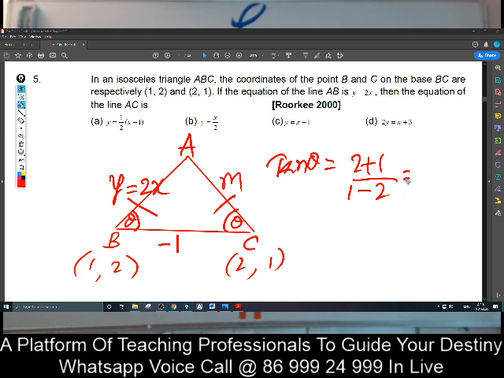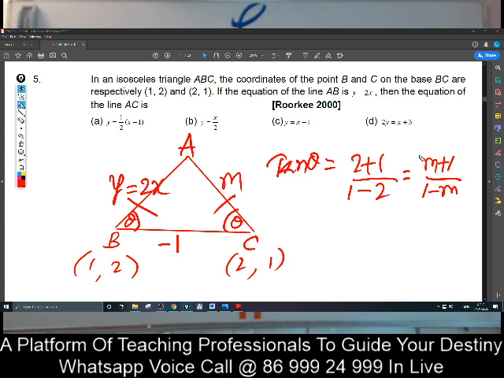Must be equal to, we need the slope of this because C we know, and if you know the slope of this, you can write the line equation. So that's the reason why I have taken the slope of this line AC as m. Now apply the formula here. m1 minus m2, that is m plus 1, divided by 1 plus m1 m2, 1 minus m.